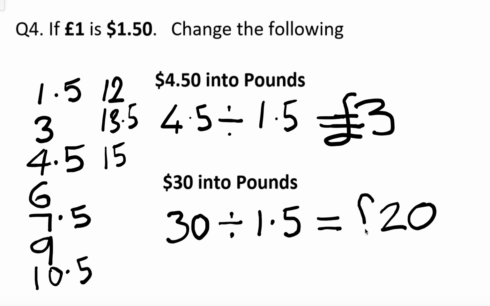It's 20 pounds. So after you come back from America, you spent all your money, you've got a few dollars left, like 30, you turn it back into sterling, and there you go. You've got £20 to spend at, I don't know, McDonald's or buy some music. How's that sound? Let's move on to the next question.